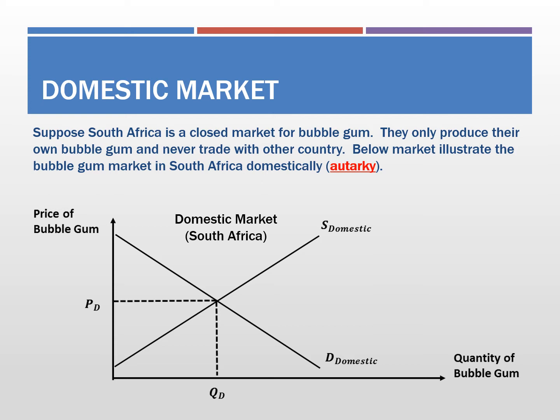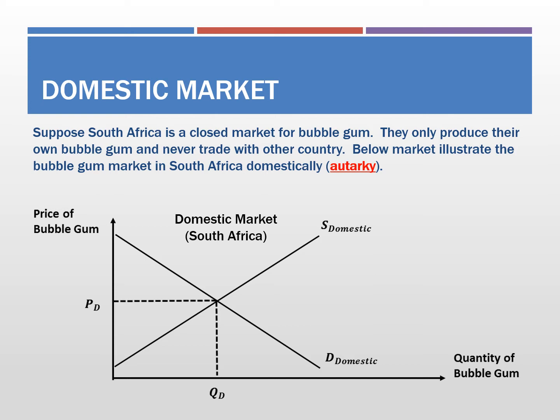Since the market is closed, with only domestic producers and consumers interacting with each other, the market will be driven to the equilibrium price and equilibrium quantity, PD and QD in the graph.